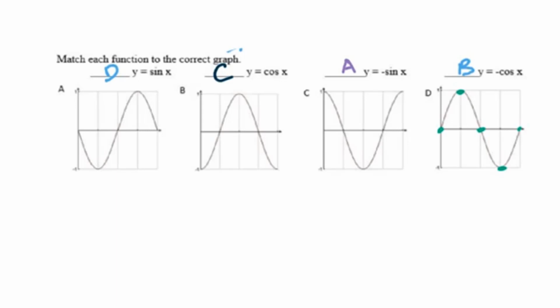For cosine x, we have 1, 2, 3, 4, 5. For y equals negative cosine x, let's get started from your minimum, then go up to maximum, going down, go to minimum. For y equals negative sine x, get started from center, then going down, going up, then go down.